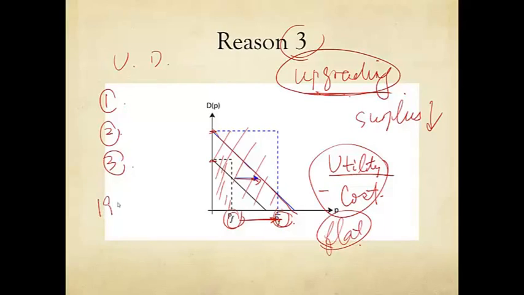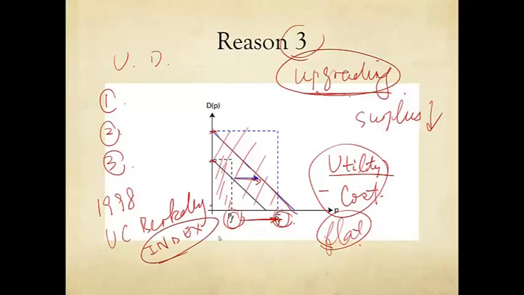In fact, back in 1998, UC Berkeley had an experiment called the INDEX experiment. One of the few quantitative approaches to suggest why usage pricing is a good idea.